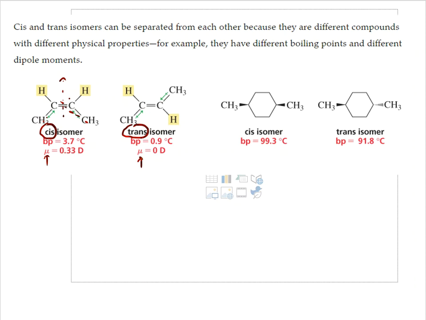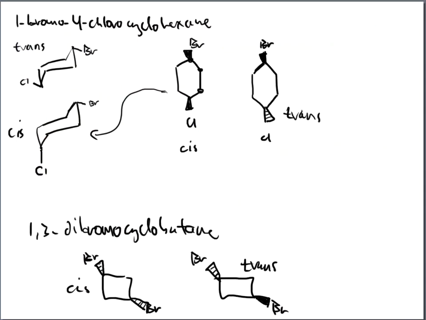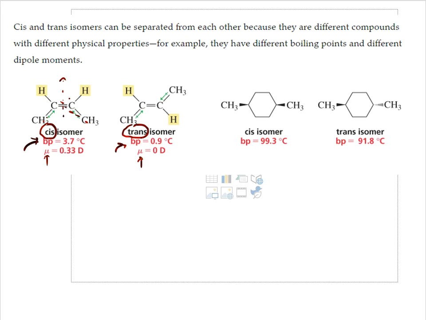In addition to that, look at the boiling points. The boiling point here, 0.9 degrees, and the boiling point here, 3.7 degrees. So they do have a slight difference in even their boiling points, even though it's pretty much the same molecule, just oriented in a different way. That's the only difference here.